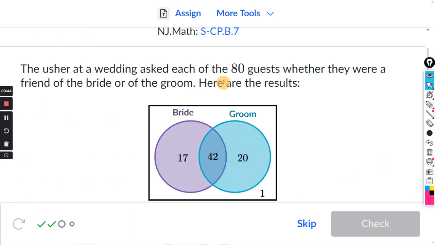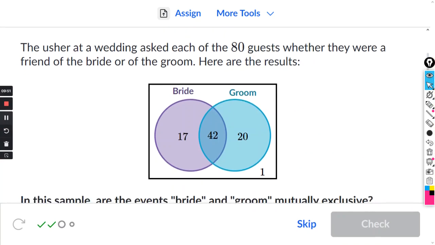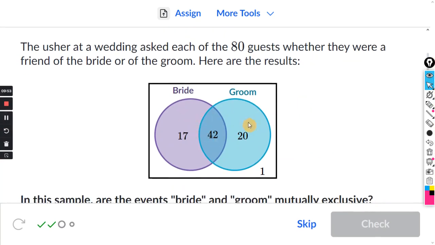The usher at a wedding asked each of 80 guests whether they were a friend of the bride or the groom. Here are the results. You can see bride, groom, and right in here are the people that were friends with both the bride and the groom. This right here is the overlap.